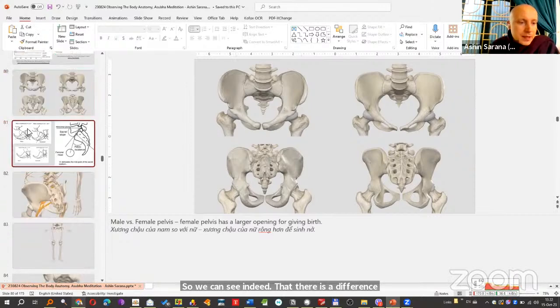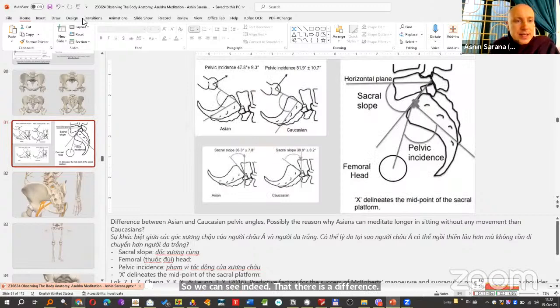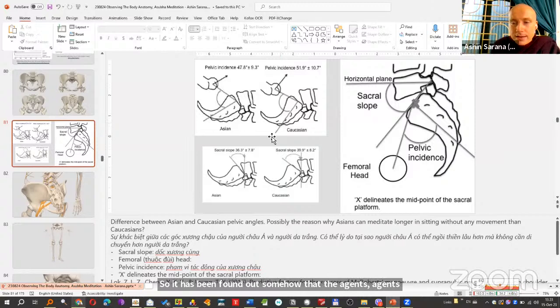Okay. Now we will be looking at the difference in pelvic bone between the Europeans and the Asians, or Asians and non-Asians. It has been found out somehow that the Asians, we call it the angle of their pelvis, is a little bit different.